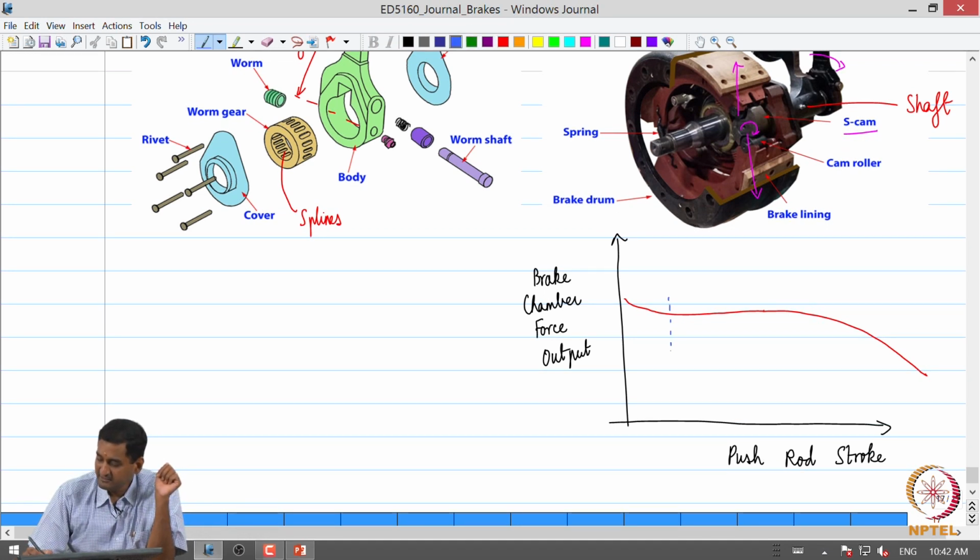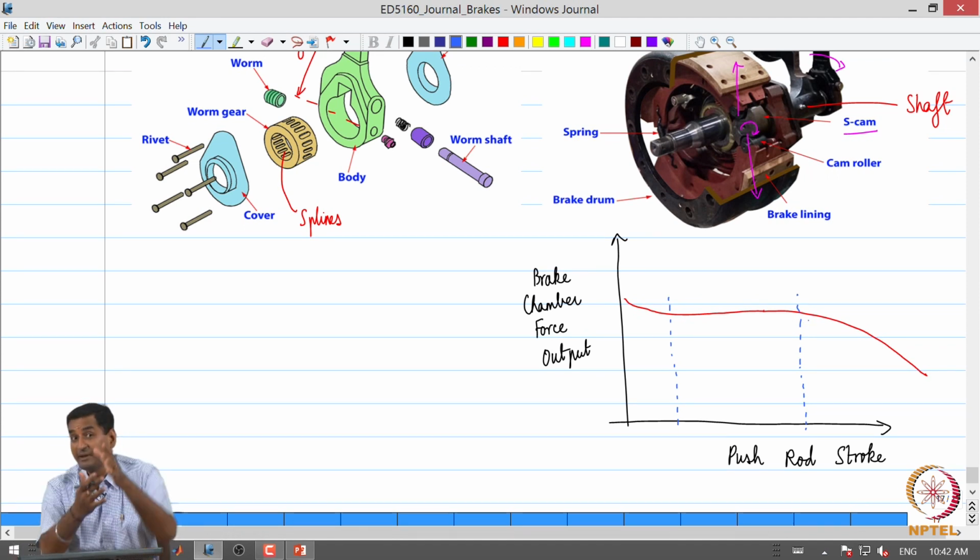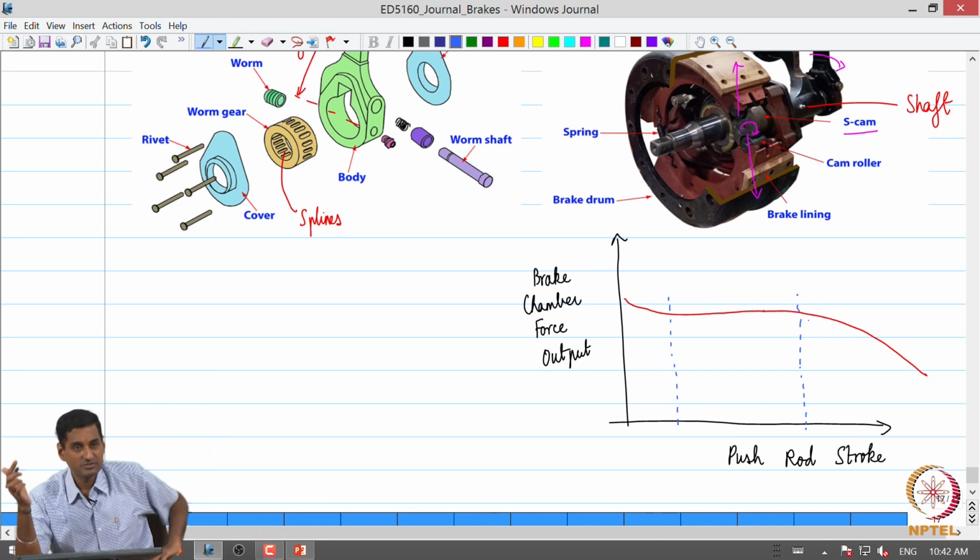So, typically if you install a new brake lining, we are going to have some baseline stroke, let us say around half an inch, right. That is a typical stroke such that the drum brake is properly applied. Now what happens is that, as the stroke keeps on increasing, as the brake linings get worn out or the brake drum expands due to thermal expansion and so on.